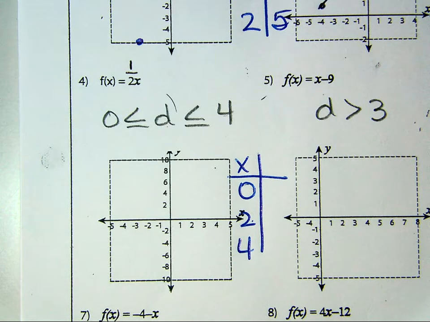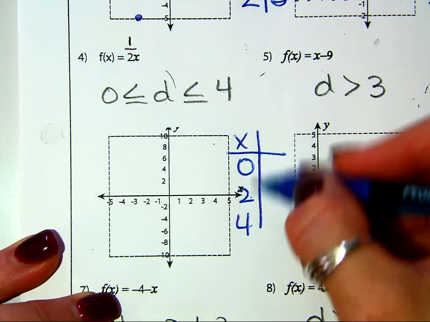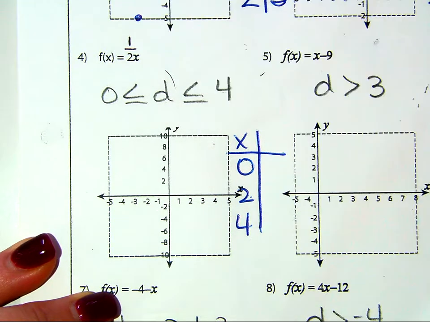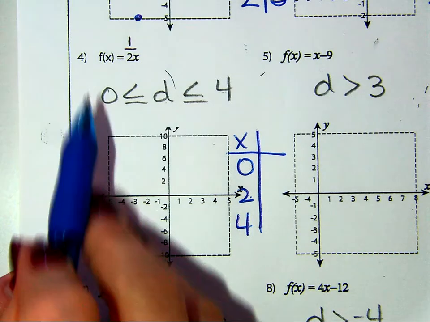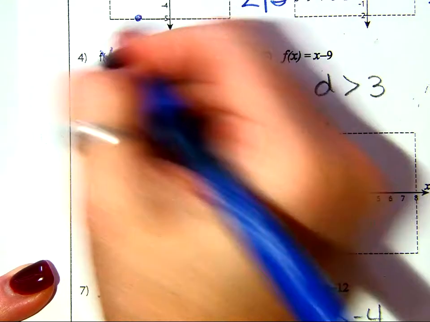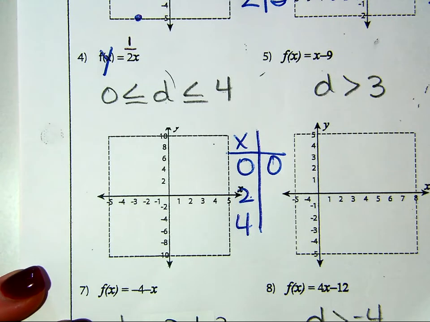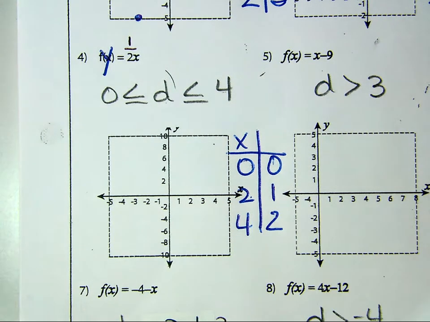Even, because it's a whole number, right? So then put even numbers here, because these are the ones that you're going to put in for x and have to take half of. So if this is really y, the y is going to be half of x. Well, half of 0 is 0, half of 2 is 1, and half of 4 is 2. So taking a half of something means dividing by 2. Don't overthink it. Okay, moving on.